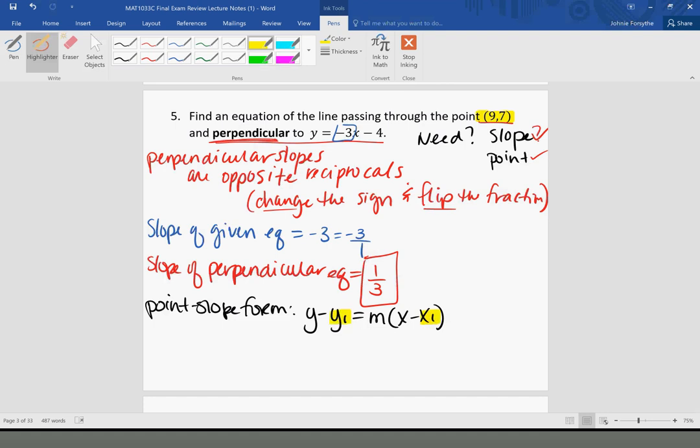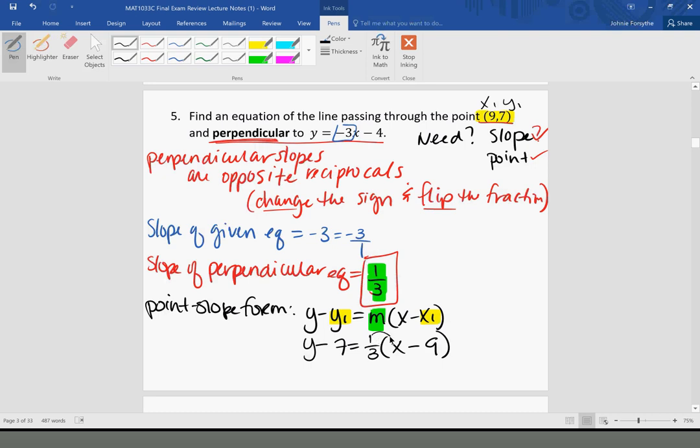And then your slope is going to be the perpendicular slope that we need. So that'll be this guy here. All right. So we're going to have y minus y1, which will be 7, equals m, which is 1/3, times x minus x1, which would be 9.